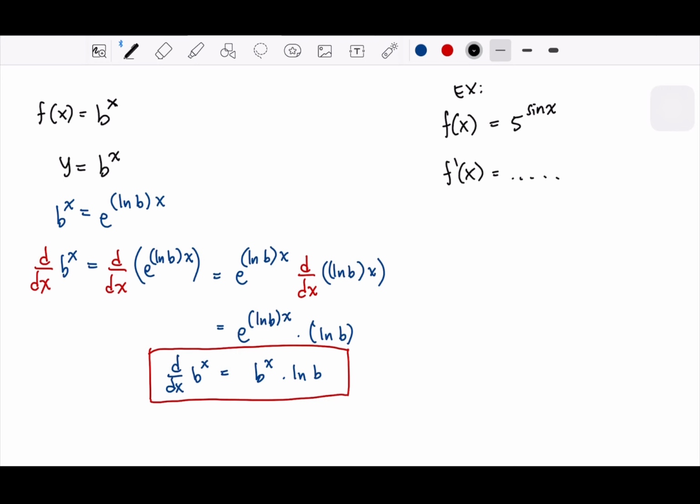If you see the consistency on this part, when you have any b with power of x, you write the original equation, and then add ln b. But now it's not x but sine x, which means you are going to use the chain rule. So we have the outside function, which is b with power of x, and an inside function, which is the sine x. This is one of my exam questions, I think 2 years ago.